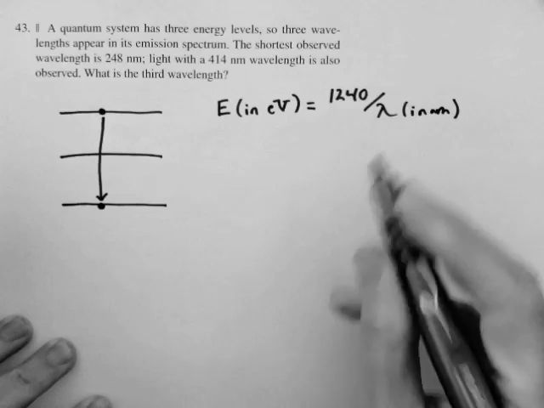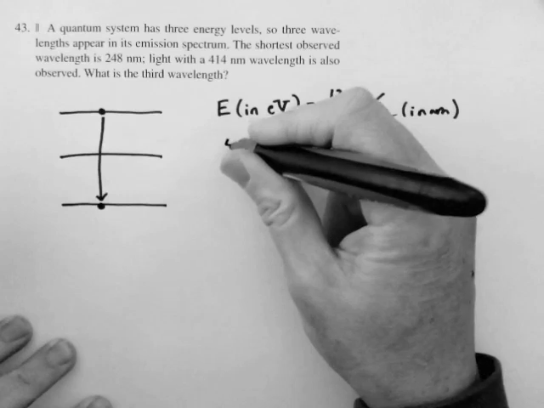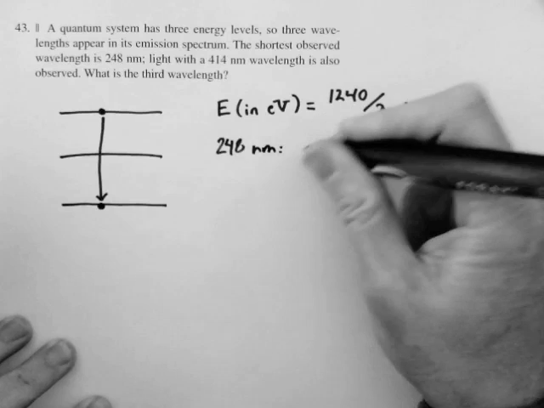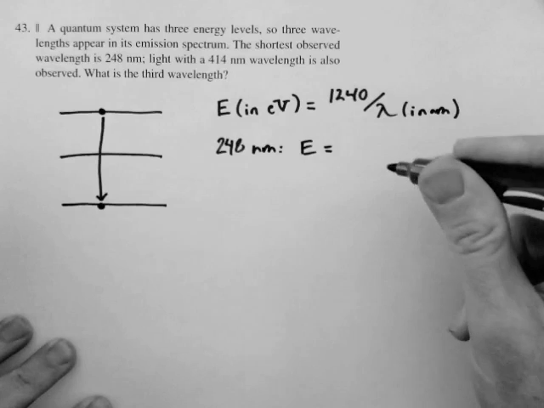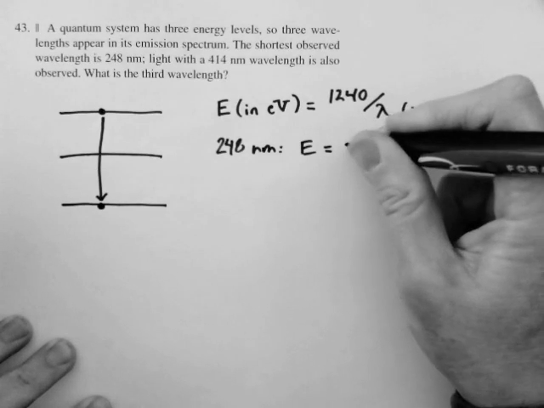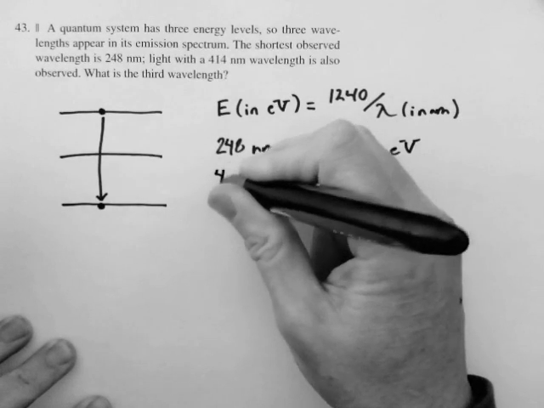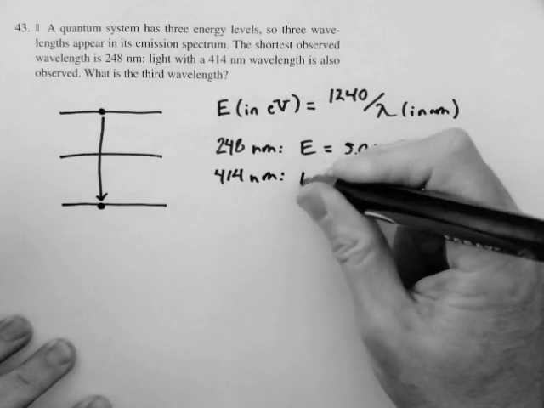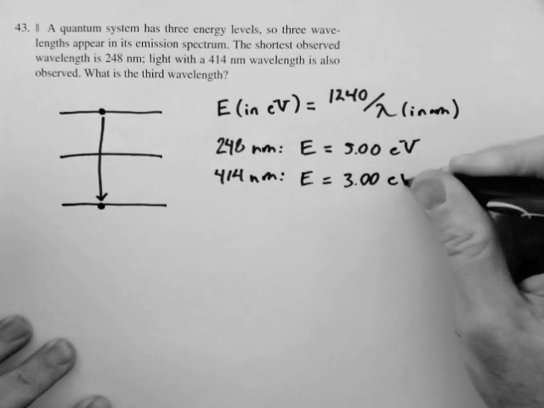So 1240 divided by the wavelength in nanometers gives me energy in electron volts. 248 nanometers corresponds to an energy, if we work this out, of 5.00 electron volts. 414 nanometers corresponds to an energy of 3.00 electron volts.